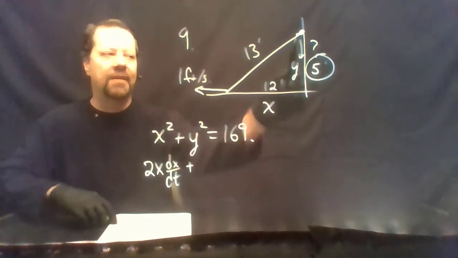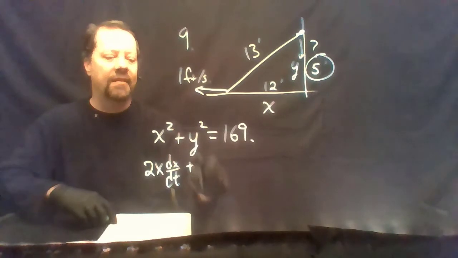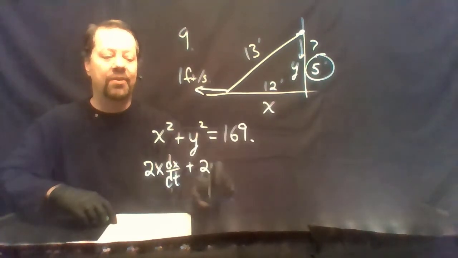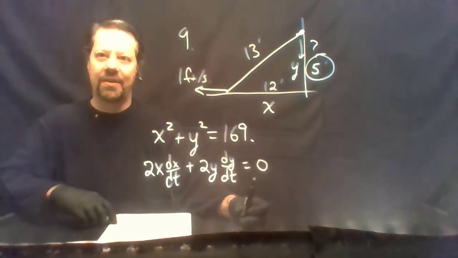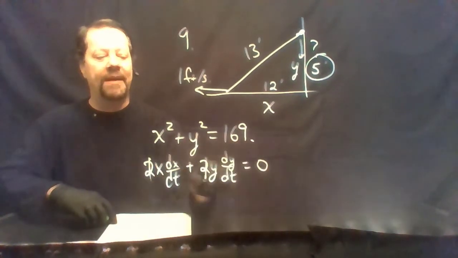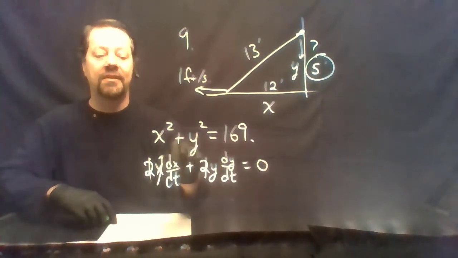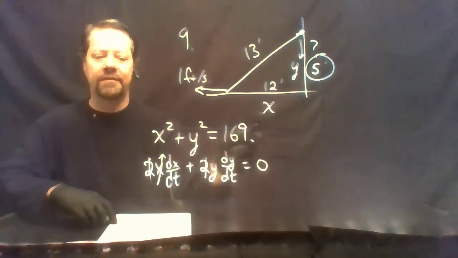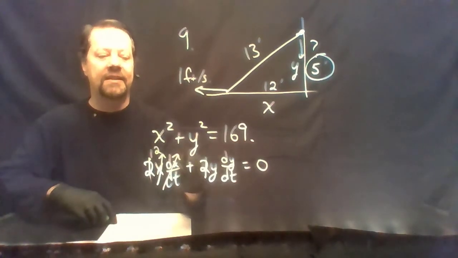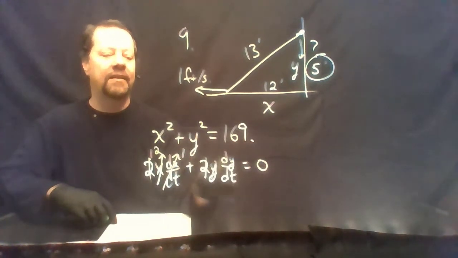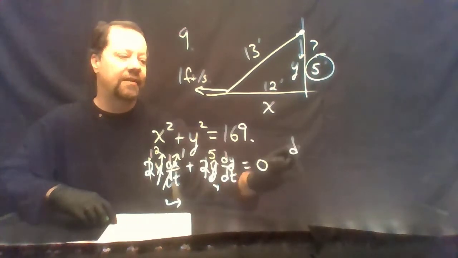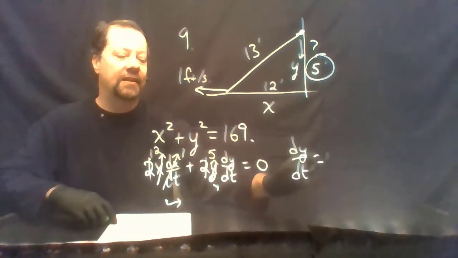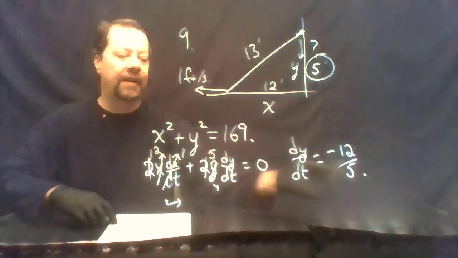X is a function of time, y is a function of time. The derivative of y squared then will be 2y dy dt, and that of course equals 0. You can multiply through by a half to eliminate the 2's. X is going to be 12. Dx dt is 1 foot per second, and y is going to be 5. We move the 12 over and divide the 5 off, so that dy dt is minus 12 over 5.